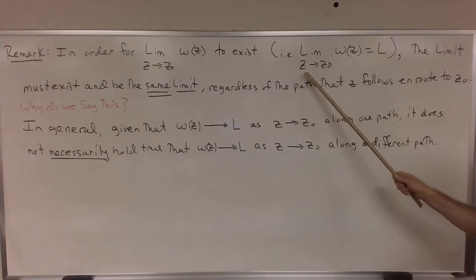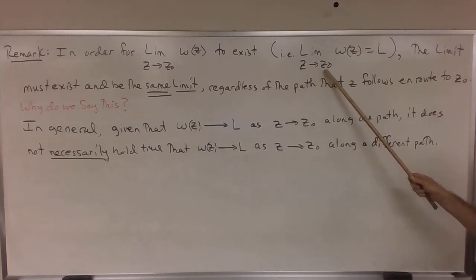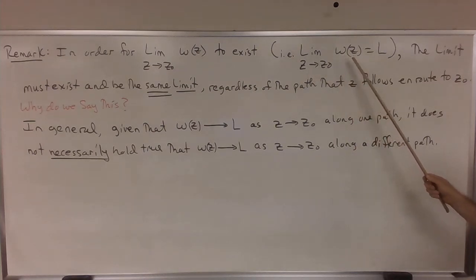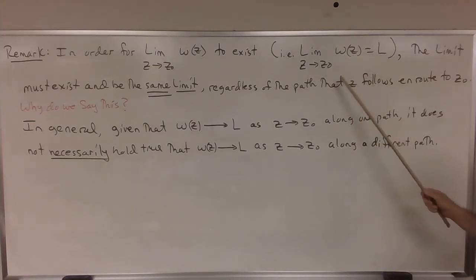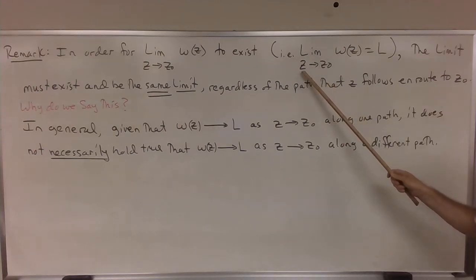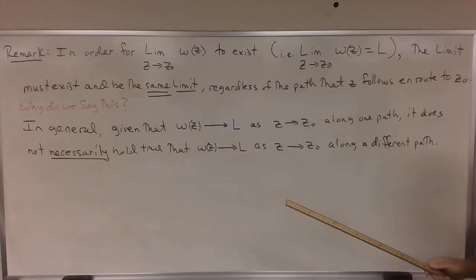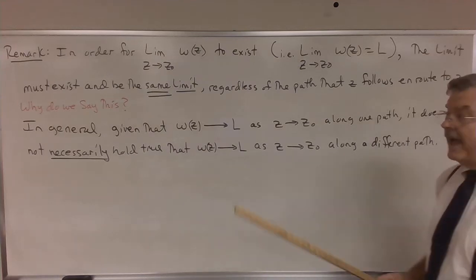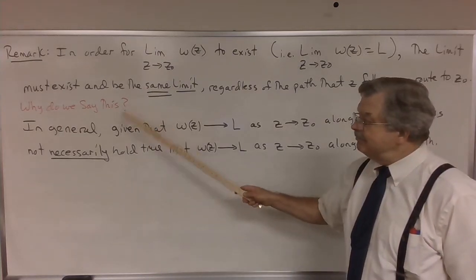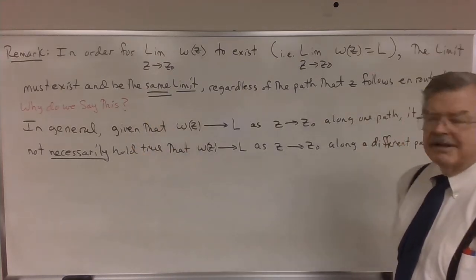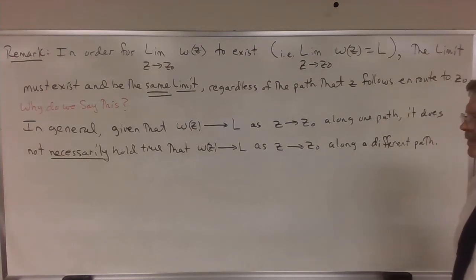So if z goes to z naught along one path and w of z goes to L, it also should be the case that w approaches L as z approaches z naught along other paths. And yet, in general, that's not necessarily true.